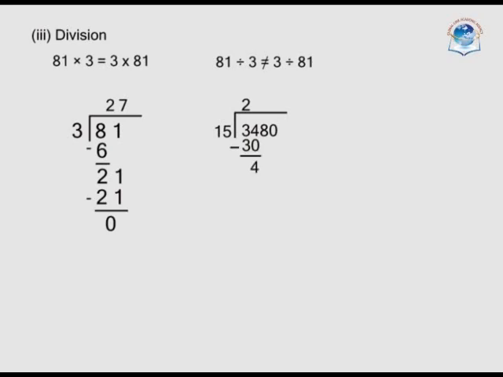Subtract from 34, we have 4. Drop 8 to have 48. 15 into 48 3 times. 3 times 15 is 45. Subtract from 48 and we have 3. Drop 0 to have 30. 15 into 30 2 times. So our quotient is 232.